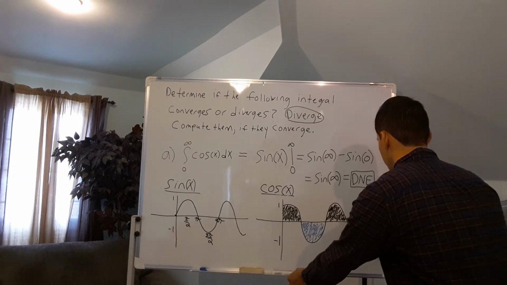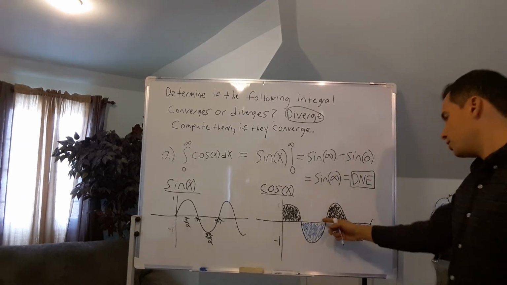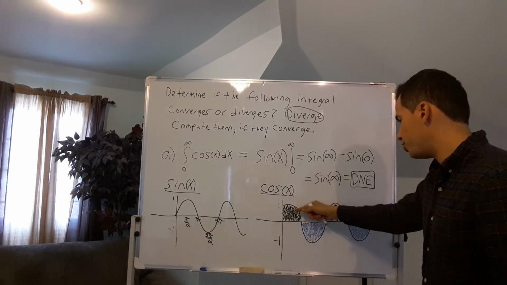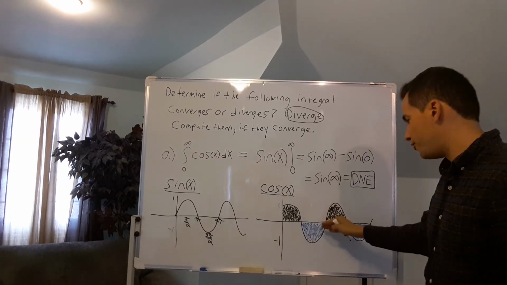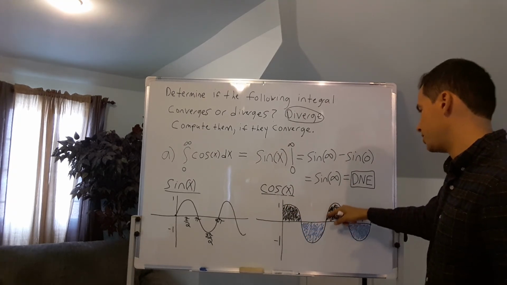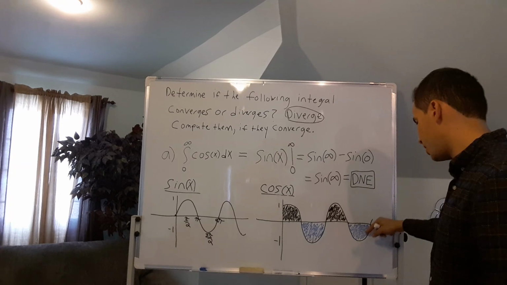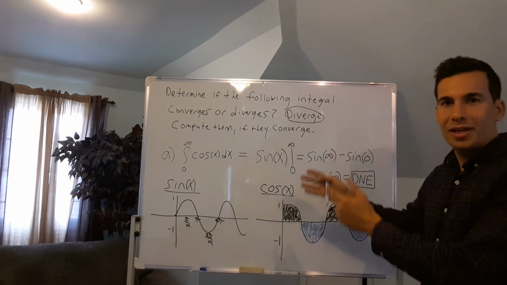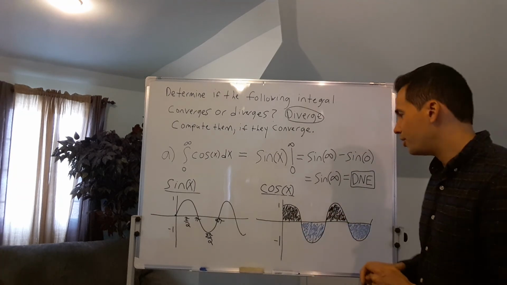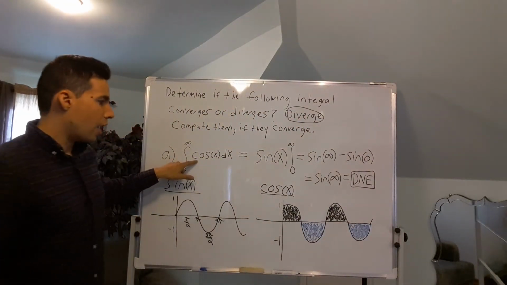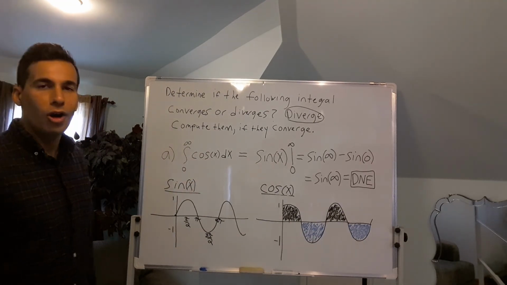So the area that's being picked up is not actually going to hit an actual definite amount. It's going to get larger and then back to 0 at this point. Then it's going to pick up more, and then this is going to cancel it out. So it's going to keep oscillating between positive area and 0 area. So that's the reason why this integral is going to diverge. Okay, thank you.